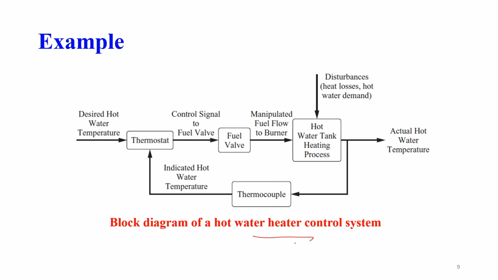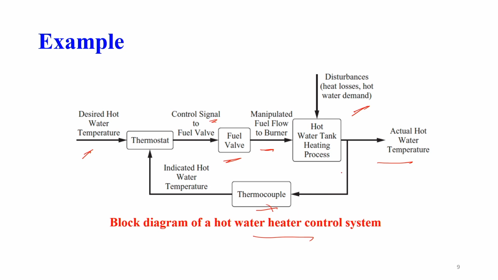Let us say one example of a hot water heater control system. So, you have a hot water tank, your thermocouple is measuring the outlet temperature and it indicates the temperature, and you have set a desired temperature. The thermostat compares these two and then, let us say, it gives the signal to the fuel valve, and the fuel valve maintains, let us say, a burner to heat the system, and there will be certain disturbances like heat loss or hot water demand.